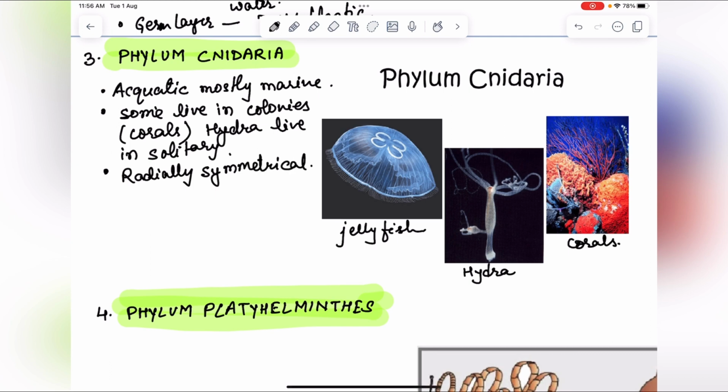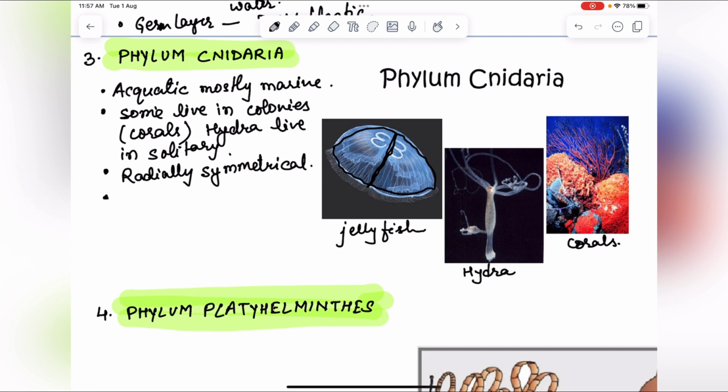Means their body can be divided into two similar halves by any plane passing through the central axis. So it is radial symmetry.